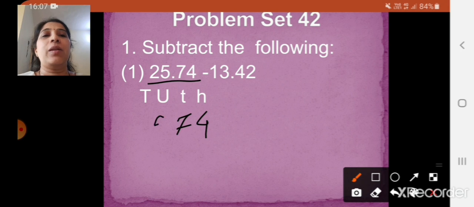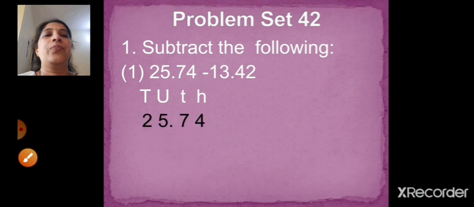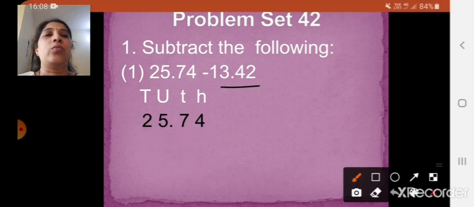So 5 will be in the units place and 2 will be in the tens place, right? Now what is the next number? 13.42. Again after the decimal point, which numbers are there? 4 and 2, right? So 4 will be in the tenths place and 2 will be in the hundredths place. Now before the decimal point, which numbers are there? 13. So 3 will be in the units place and 1 will be in the tens place.